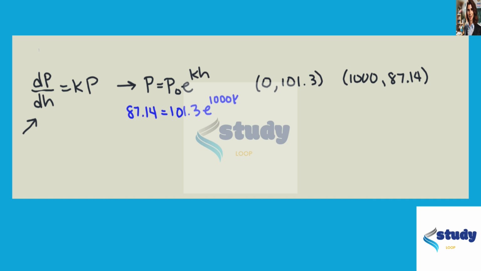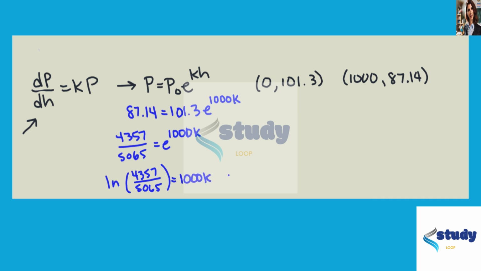We'll divide both sides by 101.3, and as a fraction, that ratio is going to simplify to be 4,357 over 5,065. So that equals e to the 1,000k. Then we take the natural log of both sides, and then we divide both sides by 1,000, and we'll have the value of k.